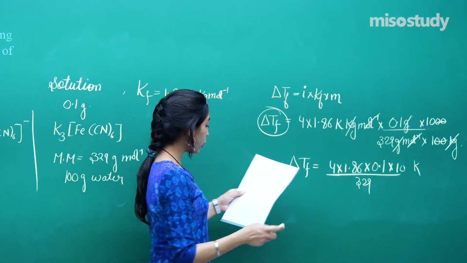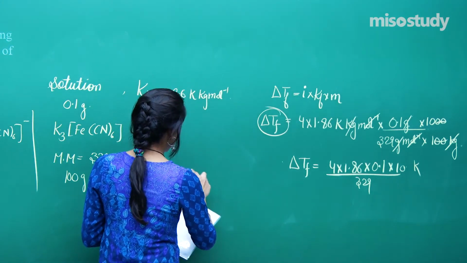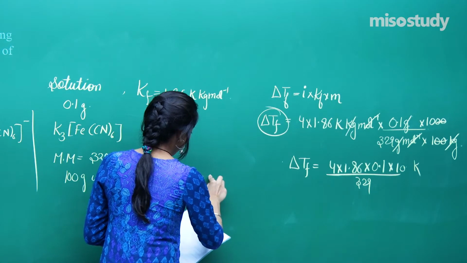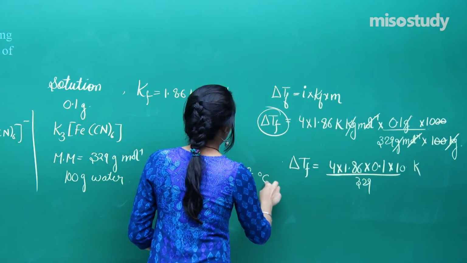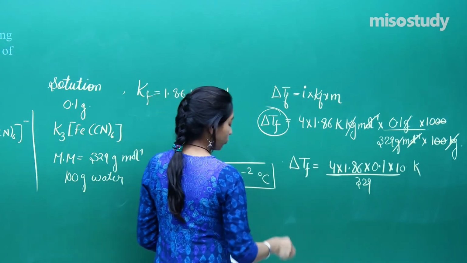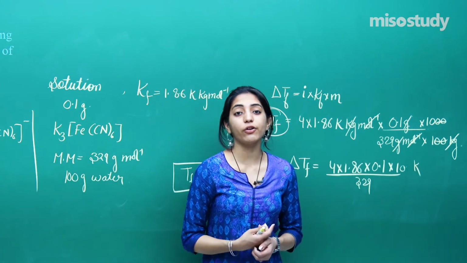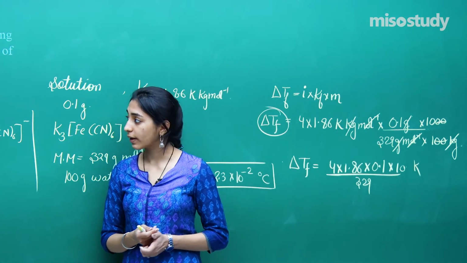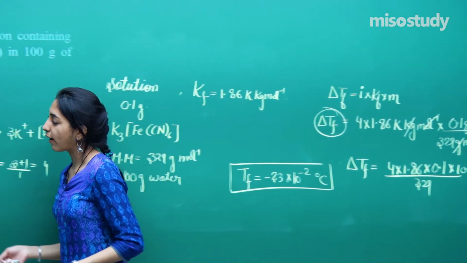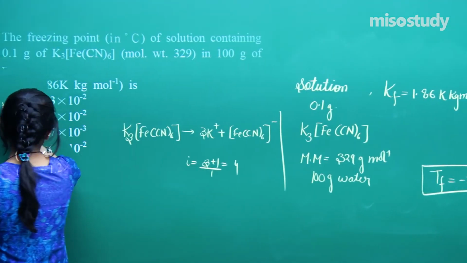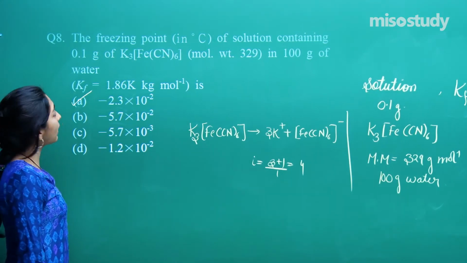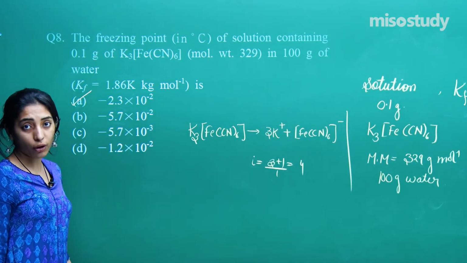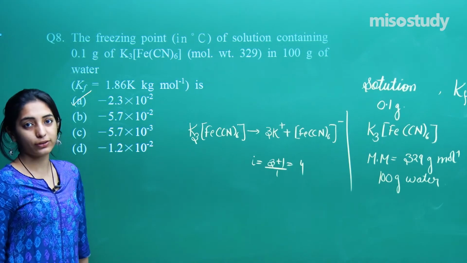So on solving, you will get the freezing point as minus 2.3 into 10 raised to the power minus 2 degrees C. So this is the freezing point of the solution. We have the option minus 2.3 into 10 raised to the power minus 2 degrees C. Fine, so this is how we could have solved our question number 8.